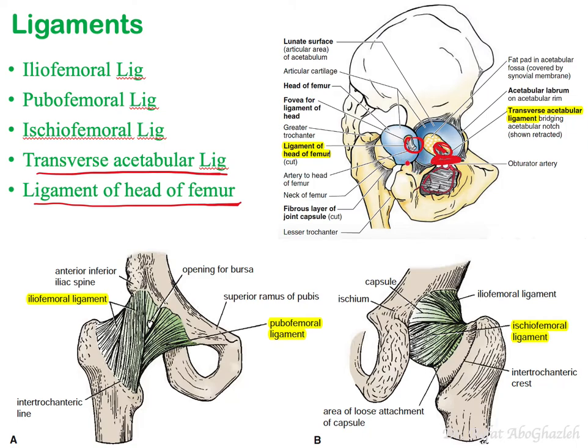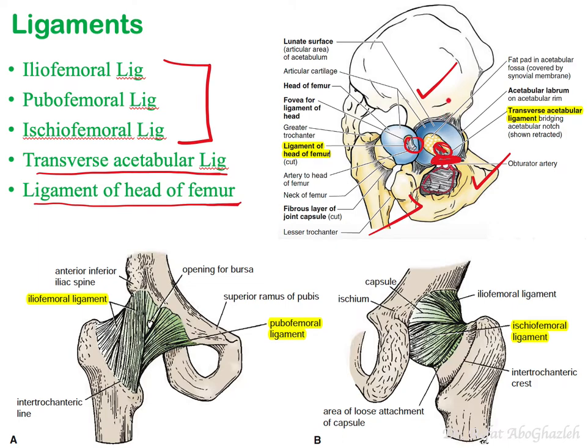So, there is an easy way to remember these three simple ligaments. First of all, you know the hip bone is formed from ilium, pubis, and ischium. And you know this is the hip joint. So you have a ligament from each one.